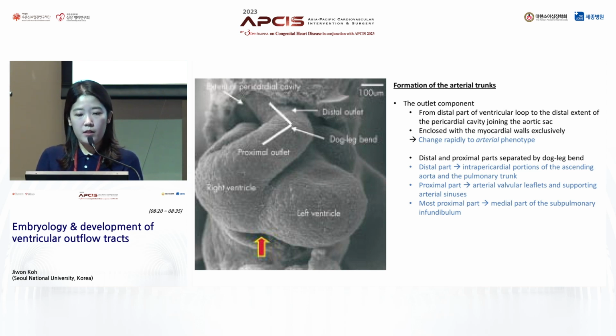Initially these two, distal and proximal outlets, are encased by myocardial tissue, but it progressively goes into an arterial phenotype. And the distal part will develop into the intrapericardial portions of the aorta and pulmonary trunk, and the proximal part will become valvular leaflets, and the more proximal parts will be the subpulmonary infundibulum.